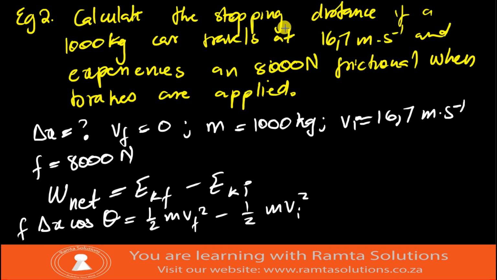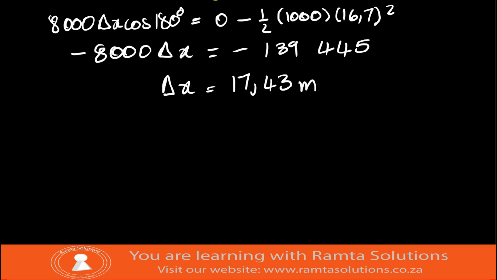Remember the question was saying calculate the stopping distance if a 1,000 kilogram car travels at 16.7 meters per second and experiences an 8,000 Newton frictional force when brakes are applied, right? So that stopping distance is 17.43 meters. Okay, perfect.